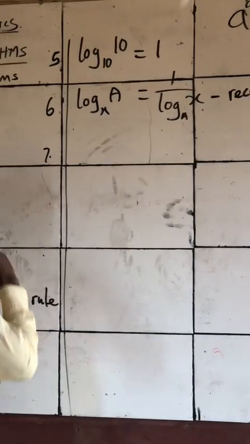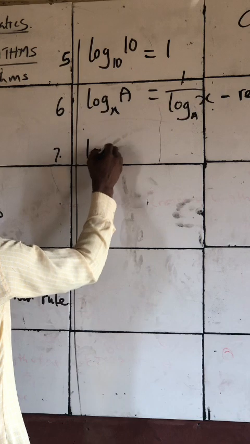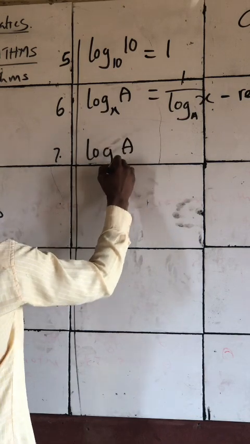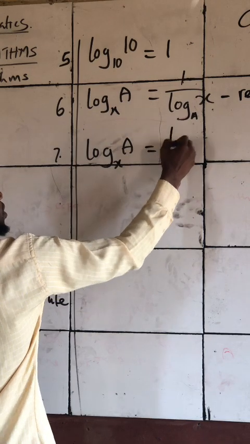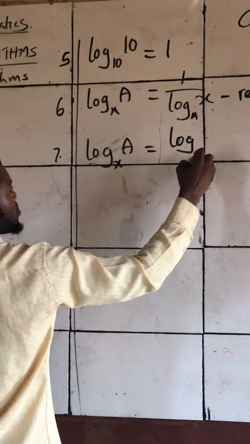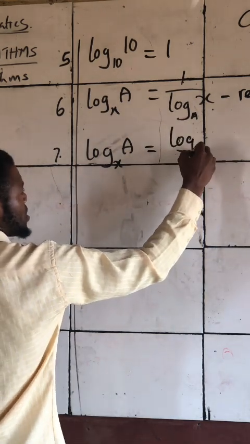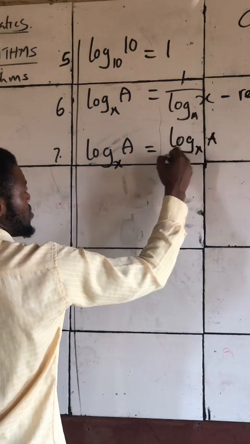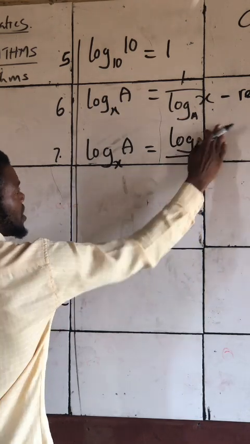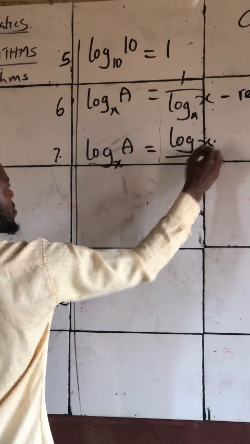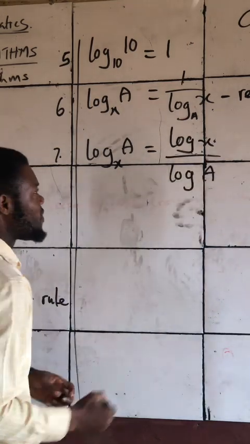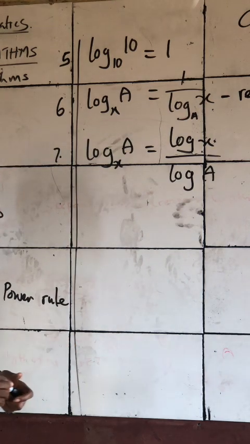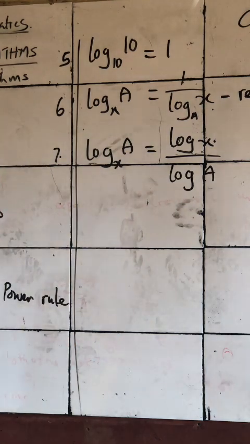Then there is change of base. If you have log A base x and you want to change the base, it will give us log x over log A. So you have directly changed the base, and it depends on the base.